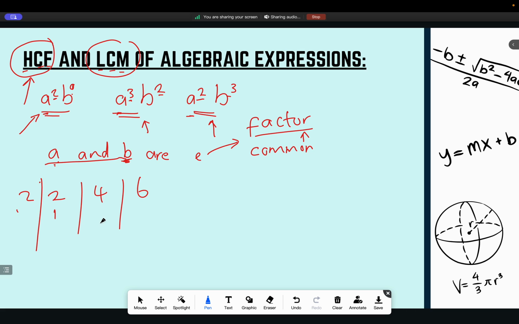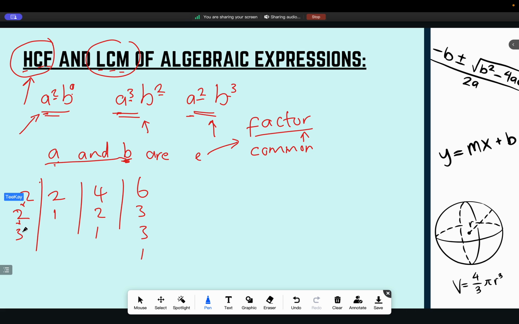And when you get here, it's 1. And here is 2, and here is 3. Then 2 again, and here is 1. Here is 3, and then we take 3, and then 1. So what we want is we get 1, 1, 1, 1 for every number. And then we multiply this.